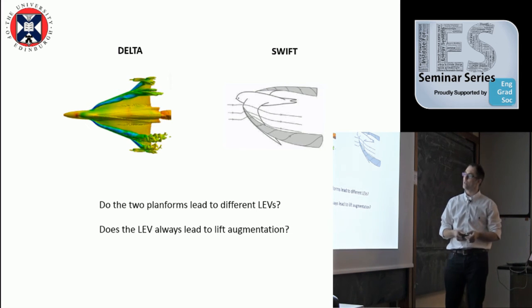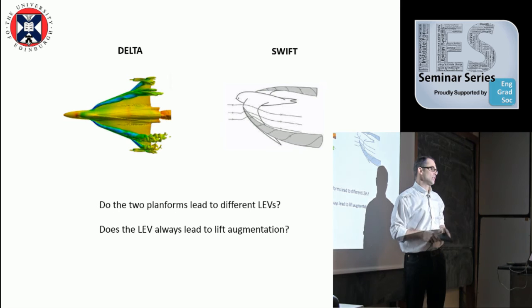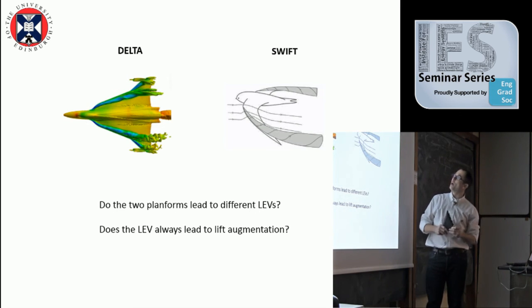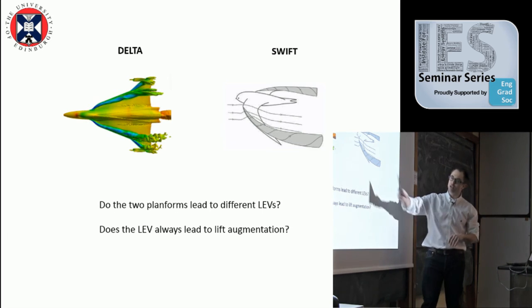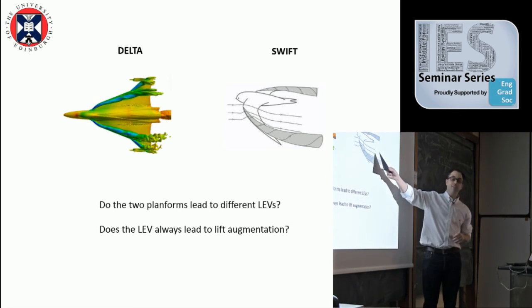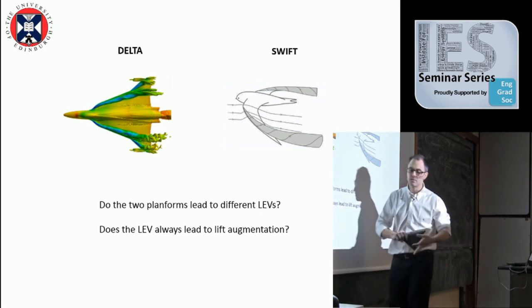Now, the question we have is, we know a lot about delta wings because they have been used in aeronautics for almost a century, but not on jet fighters. But we know very, very little about this vortex, which is called leading edge vortex, or LEV. We know very little about the LEV around the wings of the birds.